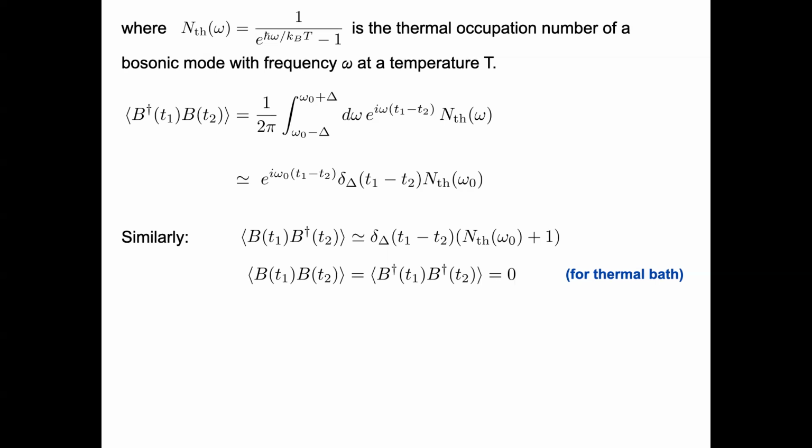If you think back to the discussion about squeezed states, you can think about squeezed reservoirs where this could be finite, but in general, the thermal and vacuum states that we're dealing with right now can be set to 0, because everything is symmetric.